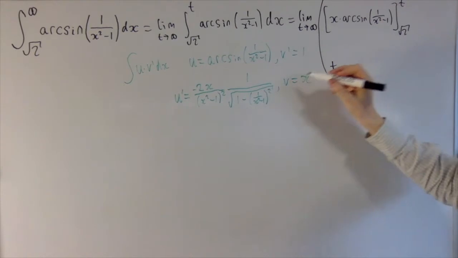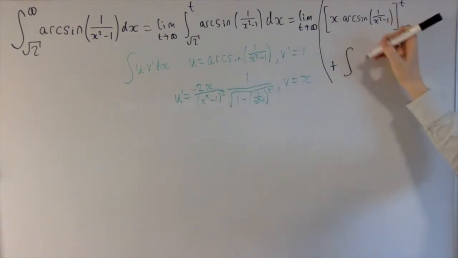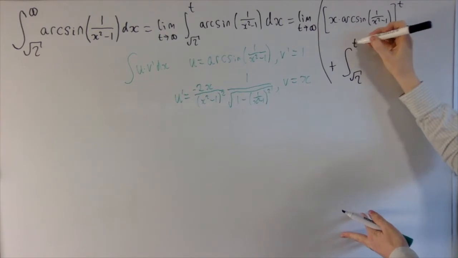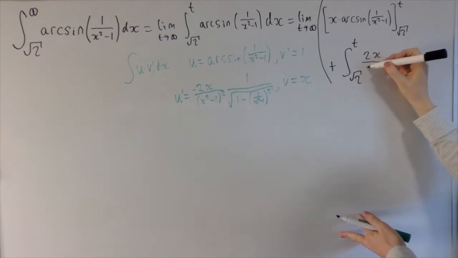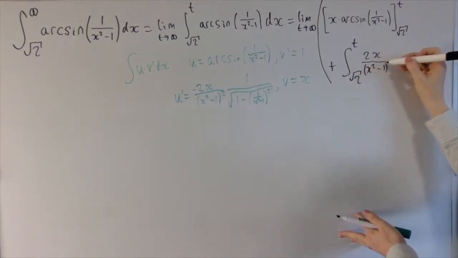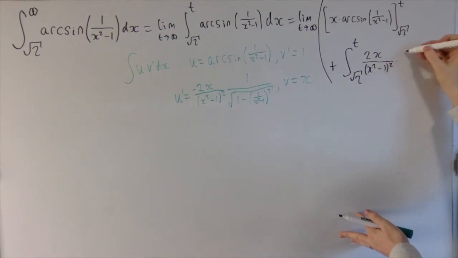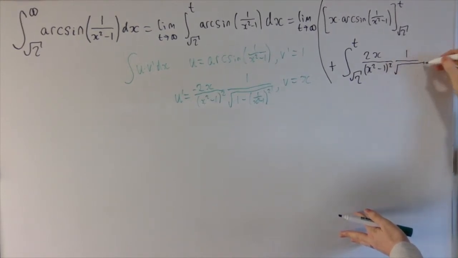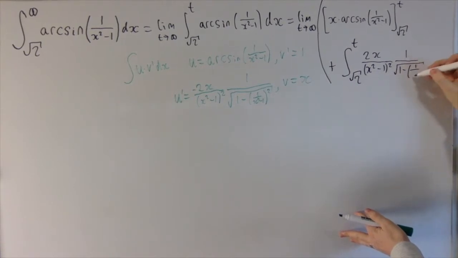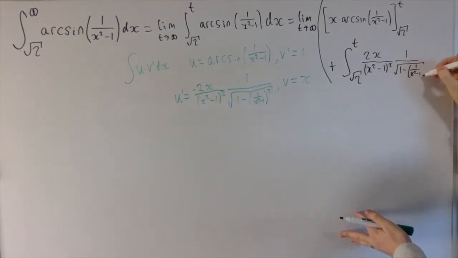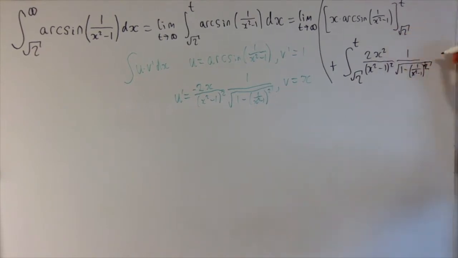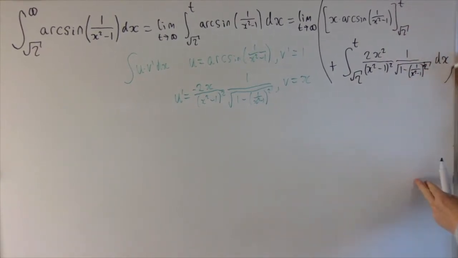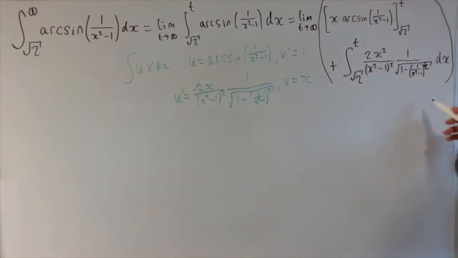So that gives us a plus, so it's minus minus 2x. We put this in the integral between root 2 and t. So now we're going to have 2x over x squared minus 1 all squared, multiplied by 1 over root of 1 minus 1 over x squared minus 1 all squared. And then finally we multiply by an x as well. So I'll put that x in here, 2x squared dx. And this is the limit as t goes to infinity of all of this.